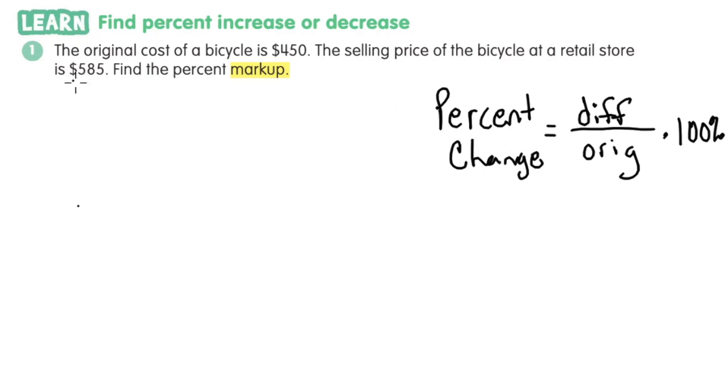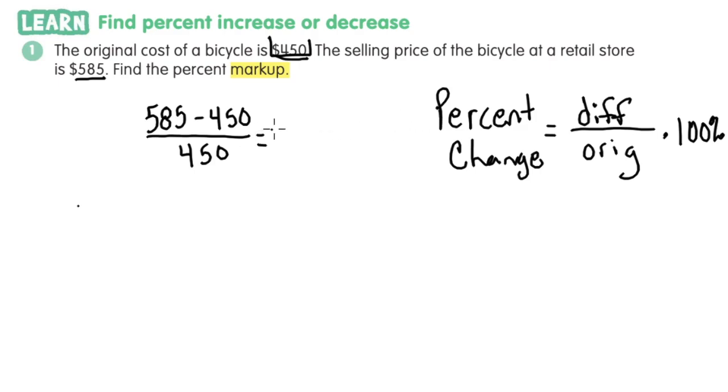So in this problem, we first find the difference between our two amounts, 450 and 585. We would take 585, subtract 450 from that amount, and divide that by our original amount, and the original cost was our starting point of 450.